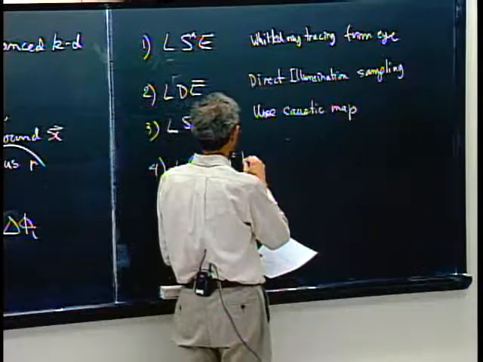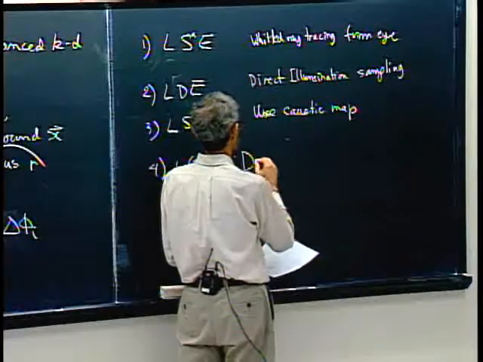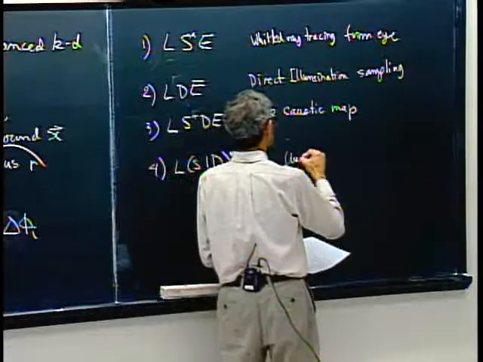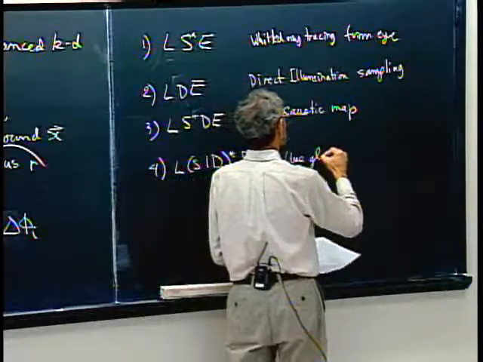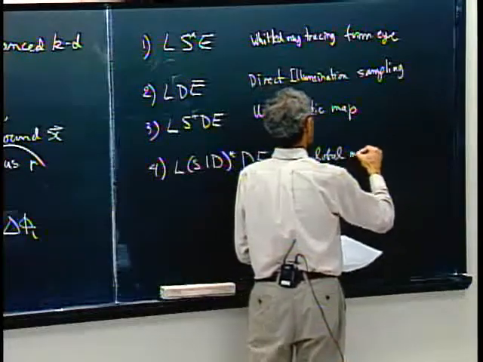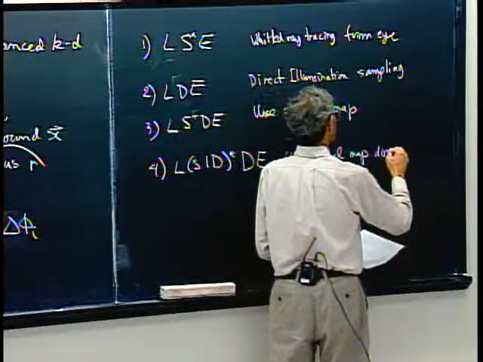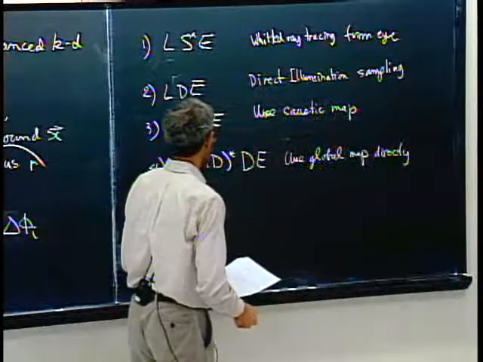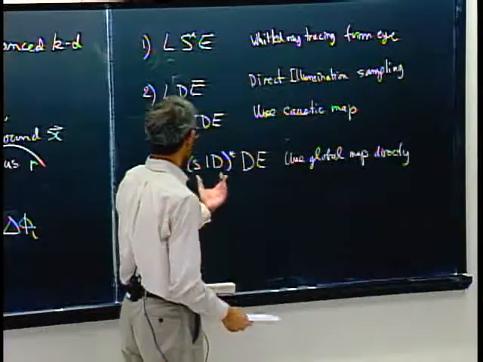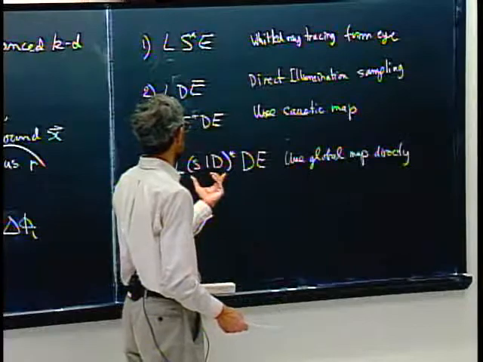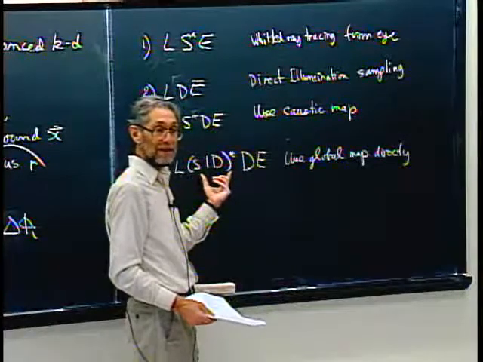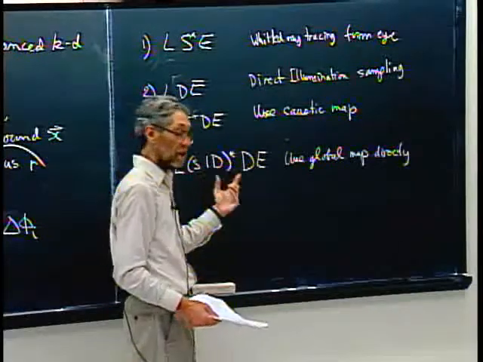This is one option. If you did this, this would just say use the global map directly. If you did that, you'd actually, I guess, get some double counting, right? Because you're counting these here and in the same place you're counting here.